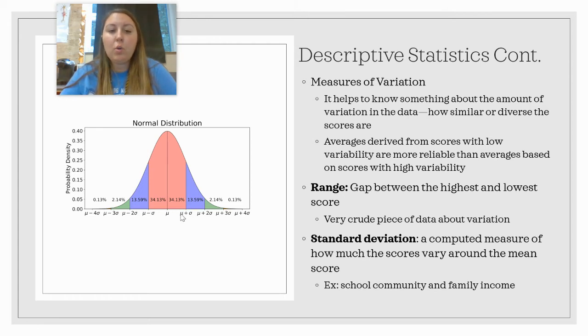Okay, so if you score 115 on an IQ test, that means you are one standard deviation above the mean. Now, let's say you score a 130, then you are two standard deviations above the mean. Okay, that would mean you are in the gifted category. If you score above that, you would be considered genius.